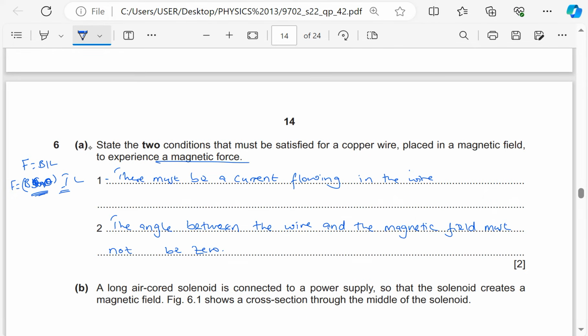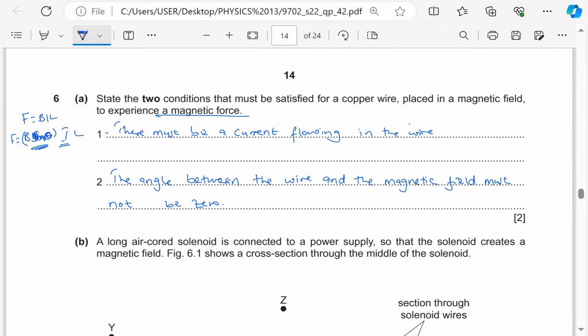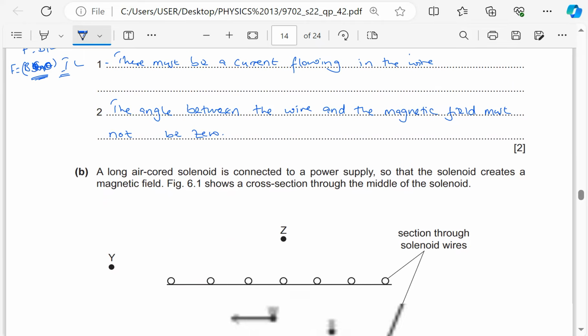Of course, if the angle is 0, it means the current is parallel to the magnetic field, then Fleming's left hand rule cannot work in that condition. So those are the two conditions for there to be a force.